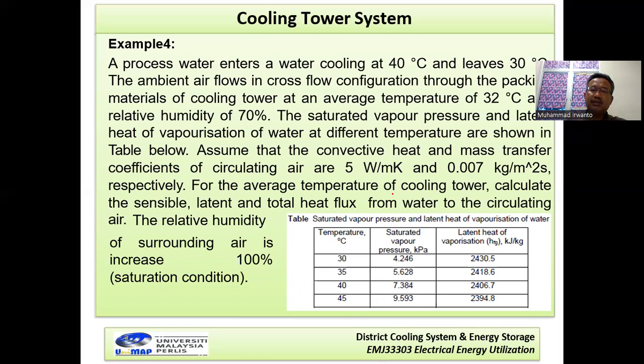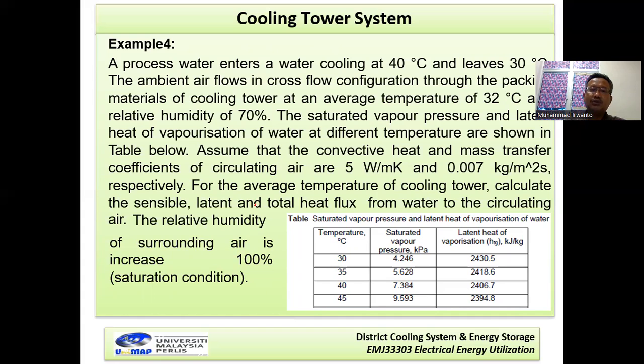For the average temperature of the cooling tower, calculate the sensible heat, latent heat and total heat flux from the water to the circulating air. Then the relative humidity of the surrounding air is increased to 100%.